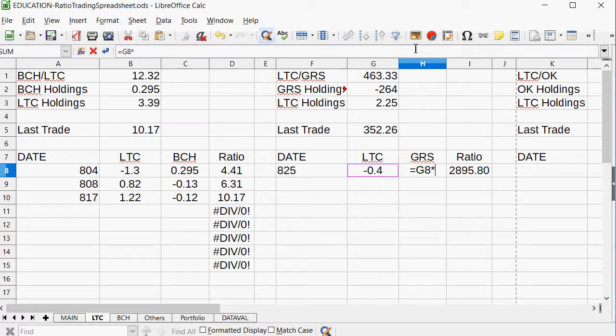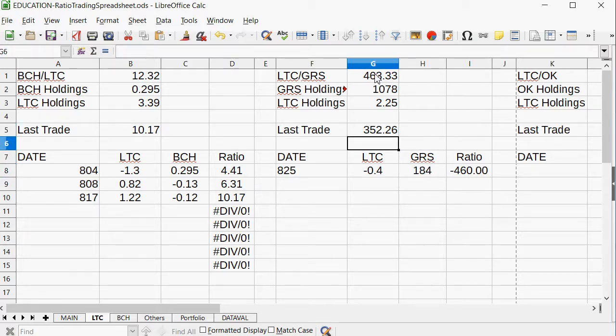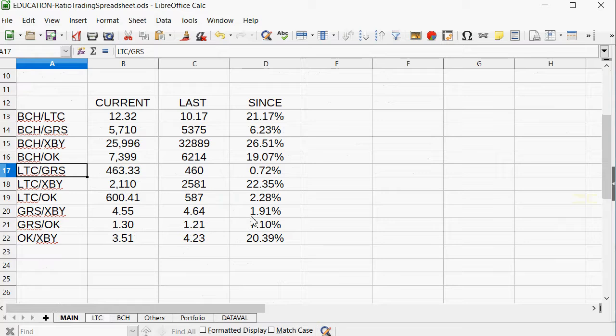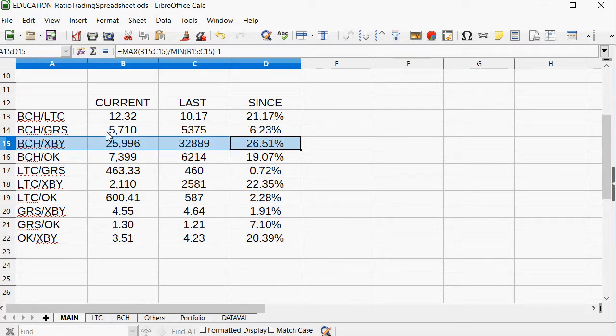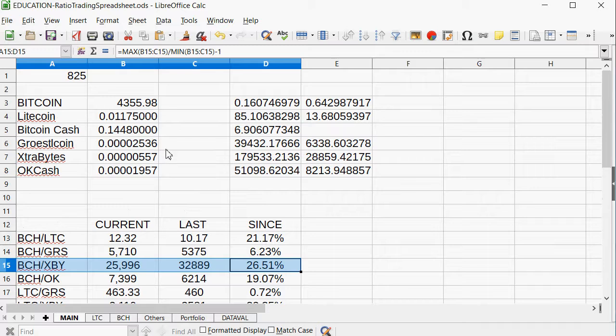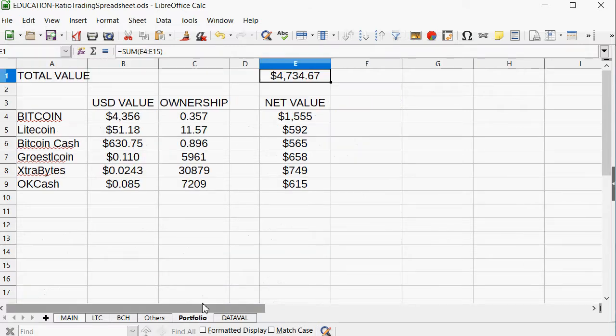That's right. $184 we'll say, and we'll do a ratio of 460. Okay, there we have it. We have a 26.5. Maybe we'll give it a wait and see on that one. Portfolio up to 4,700.